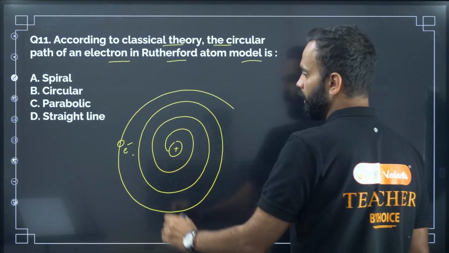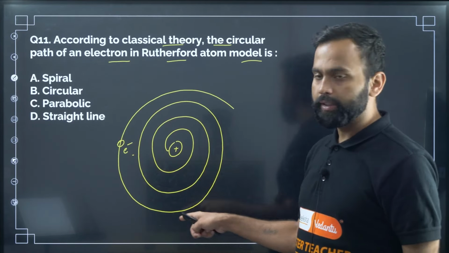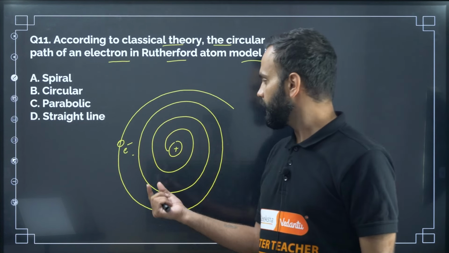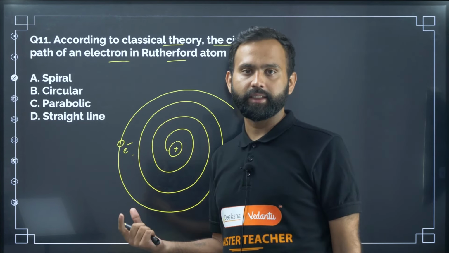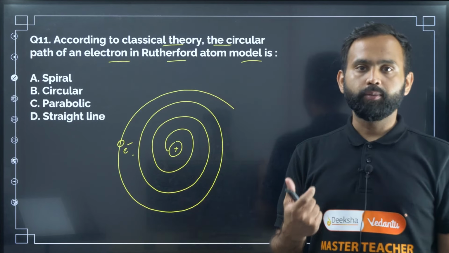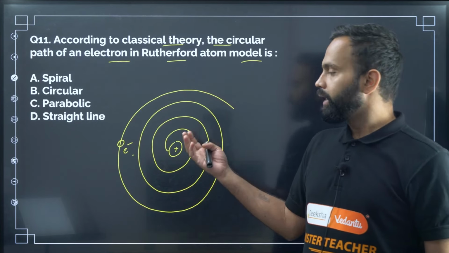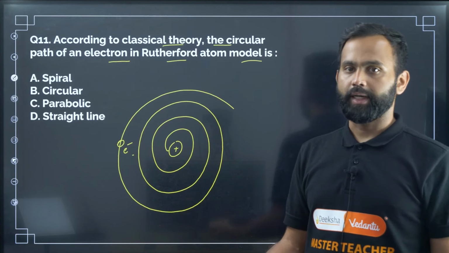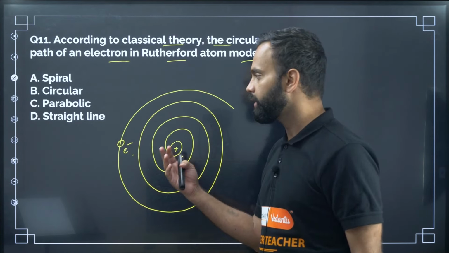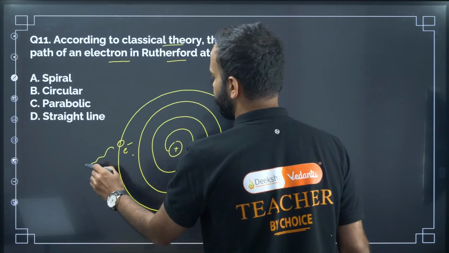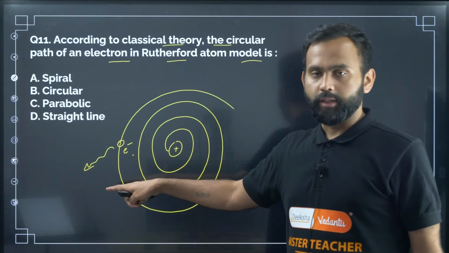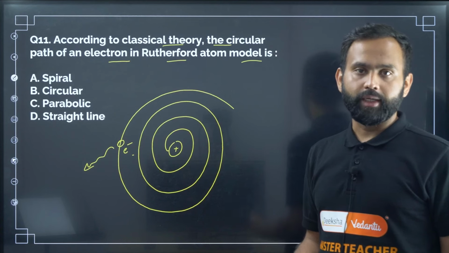Because when the electron moves in a circular path, it has acceleration, isn't it? If a charged particle moves with some acceleration, it radiates energy, that is, an EM wave will be emitted. So when the charged particle radiates energy, that particle loses its energy.